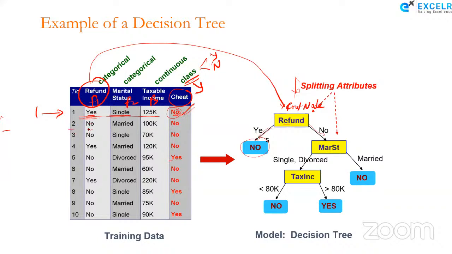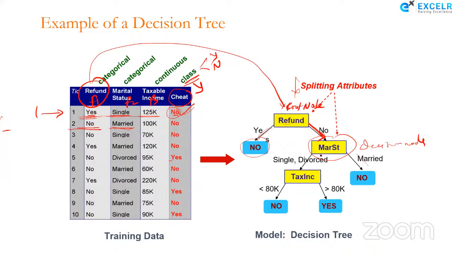Now I'll take the second record. If refund is no, the data point will flow through the other branch. Now, whether this person is married or not is the second feature, so based on the second feature I am going to build the next decision node: whether the person is married, or single or divorced.